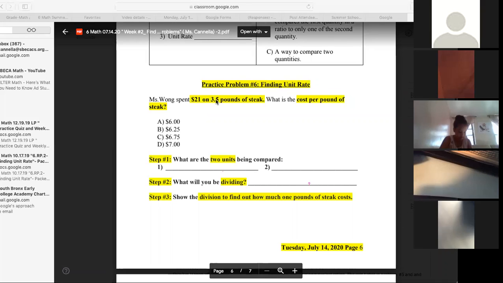What is the cost per pound of steak? Good. So Jerickson, 3.5 pounds of steak is how much money? ¿Cuánto cuesta? 21. Good job, $21, yeah?